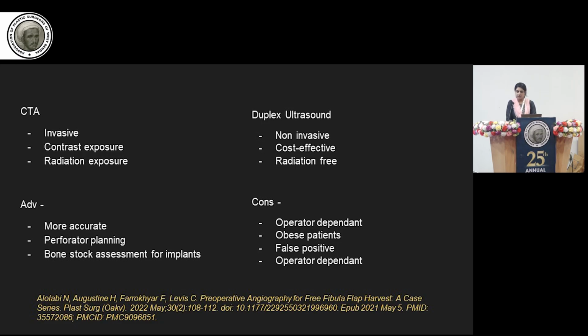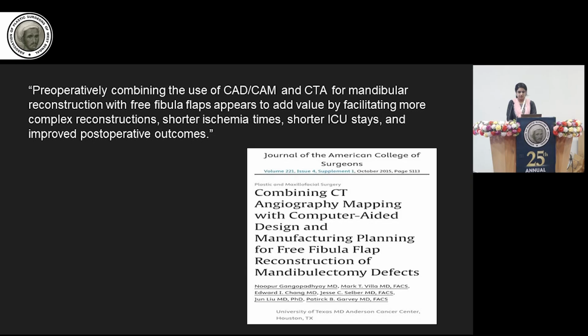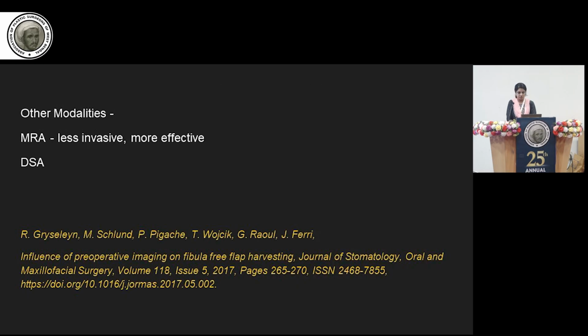Now, whether to do a CT angiogram or a color duplex ultrasound, there are many modalities available. CT angiogram, yes, is invasive with radiation and contrast exposure, but it is more accurate. It gives more details on the course of the septocutaneous and periosteal perforators. And since many patients now go for primary dental implants, we can do a bone stock assessment, the characterization of osteoporosis, and the bone medullary cavity to cortical thickness ratio.